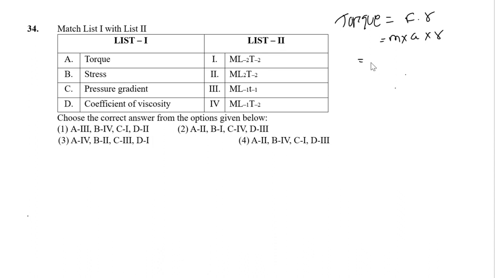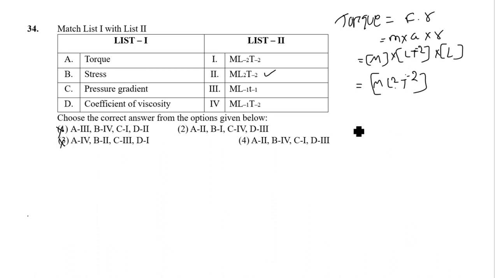The dimension of m is capital M, the dimension of a is L into T minus 2, and the radius is length, so its dimension is L. If I connect all these, I get M L squared T minus 2. So A matches with this one, which is III. That means these two get cancelled.